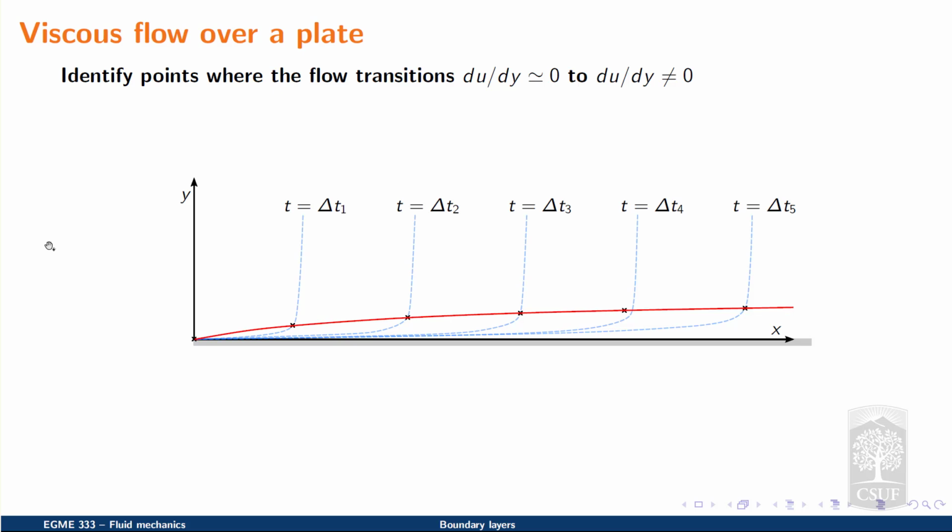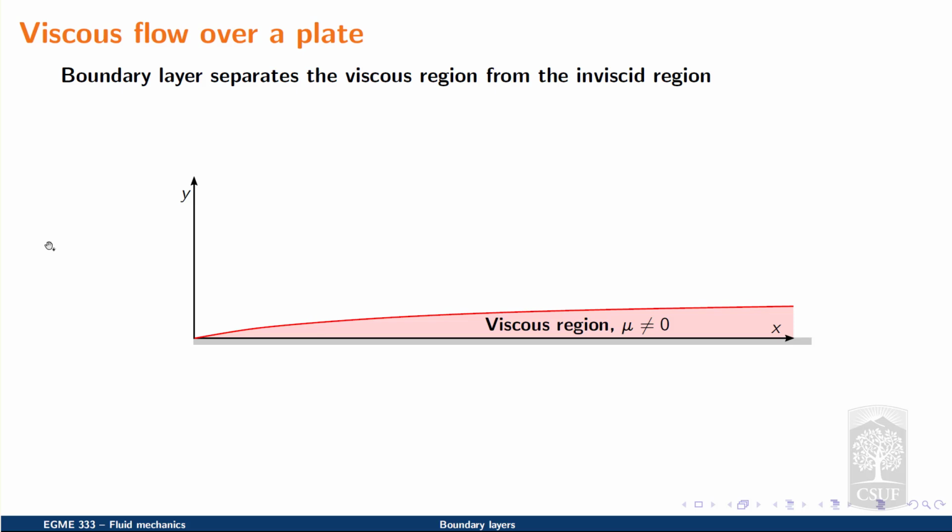If we connect these X's with a line, then we can isolate the fluid into two separate regions, where the region close to the surface, we call that the viscous region, and the region outside, we can treat it as an inviscid region, where the fluid outside of the viscous region behaves inviscidly.